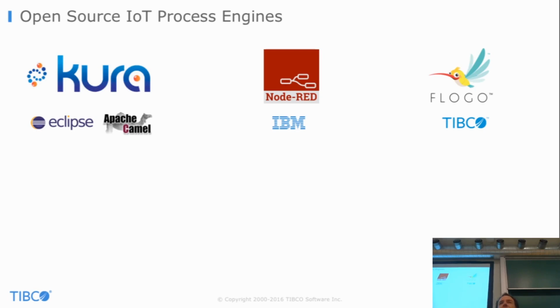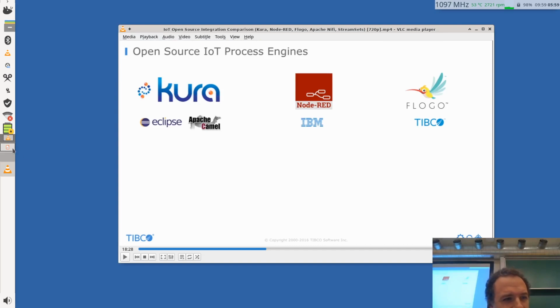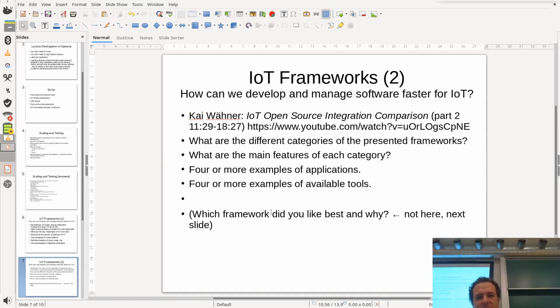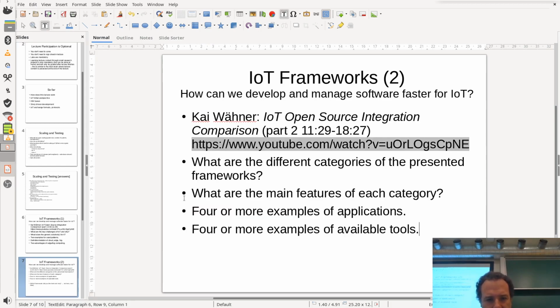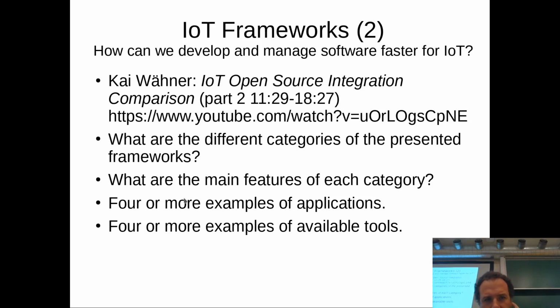Good. So that was the second part. And so you're probably all prepared to see the third, but let's recap very, very quickly because we're running out of time. So, different categories of frameworks.